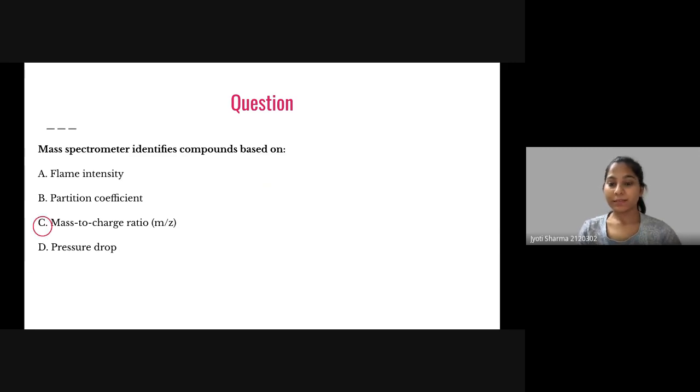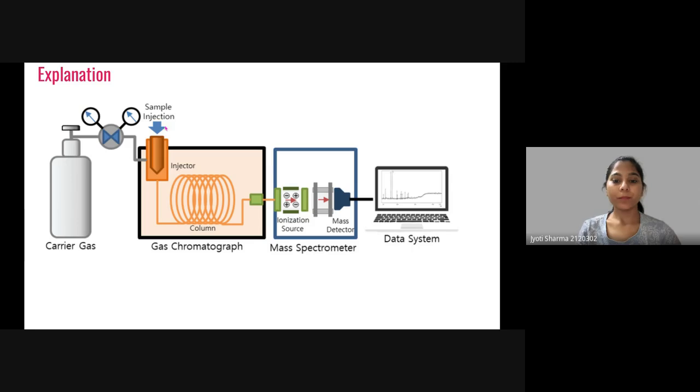So here you can see that this is your gas chromatography. Each chemical, one after one, will go to the detector, and here the detector is mass spectrometer. First we will have this ionization source, and then it will go to the mass detector, and this will give you the signal, and the signals will be based on mass charge ratio.